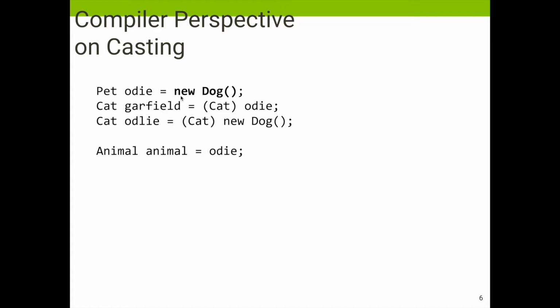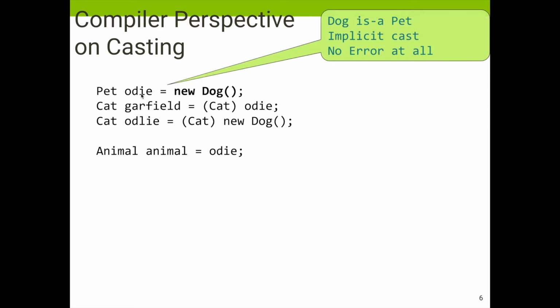I have a new dog that I'm creating. I'm not going to give it any parameters here for the time being, okay? So let's just say that new dog without a name in there is going to be just fine. So can I stuff a new dog into a pet basket? Can I do that? Yeah, you can, because a dog is a pet.